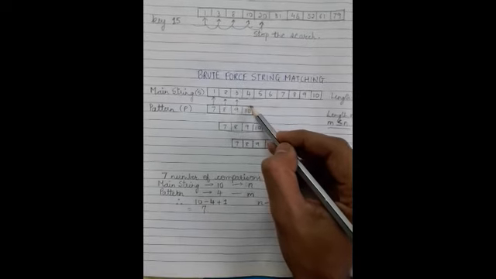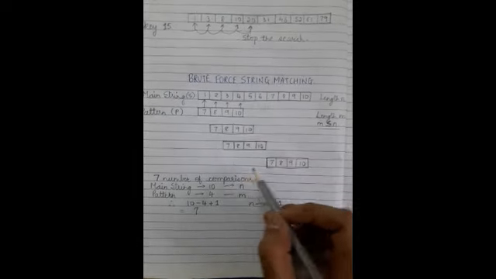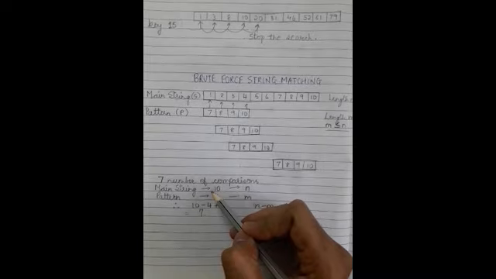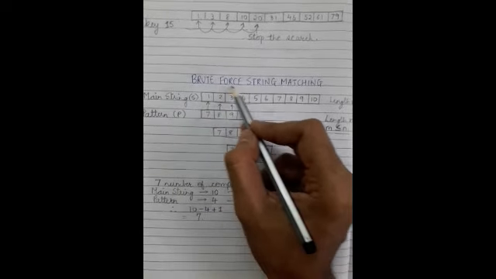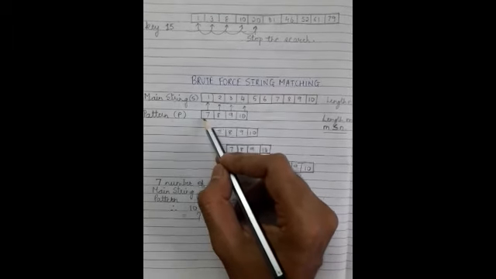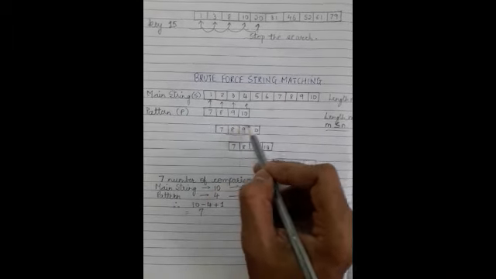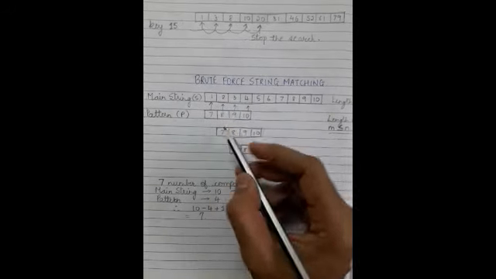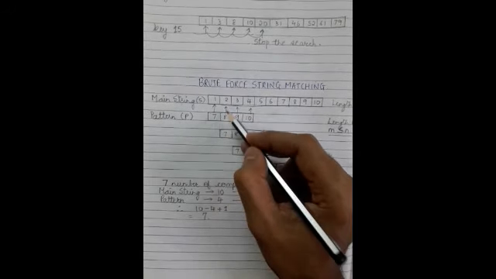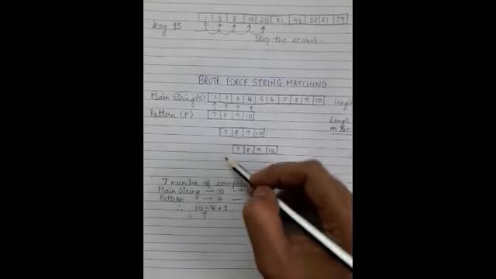If any mismatch is found in this particular length, then this pattern is shifted by one position, and then again each and every character is matched with the main string.